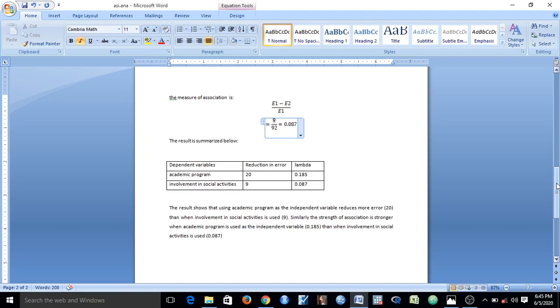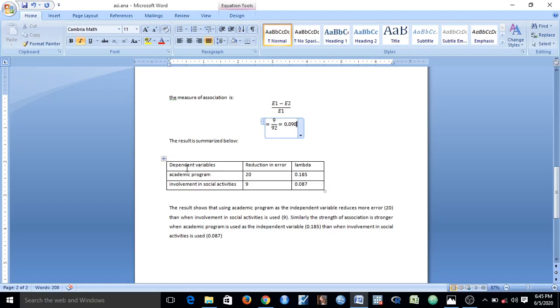Let me check my calculator. 9 divided by 92 is 0.098. So that's the measure of association.